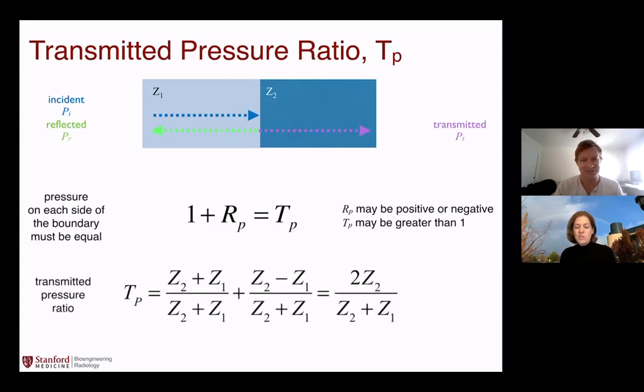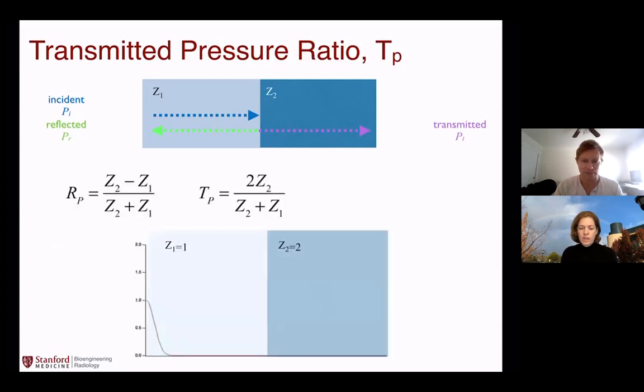So here's what the equation looks like for the transmitted fraction. I don't tend to like that equation so much because there are more numbers to remember there. And it's just easier for me to remember that it's 1 plus the reflected fraction. But you could do it either way. So let's look at the numbers. Here we're going to go from an acoustic impedance of 1 into an acoustic impedance of 2, just example numbers that are not real.